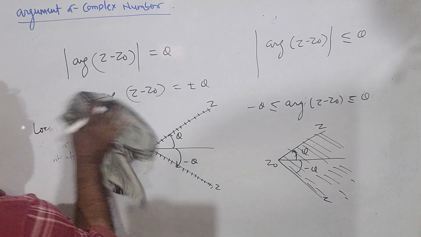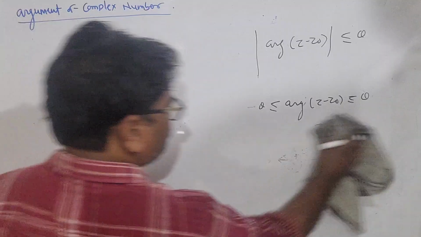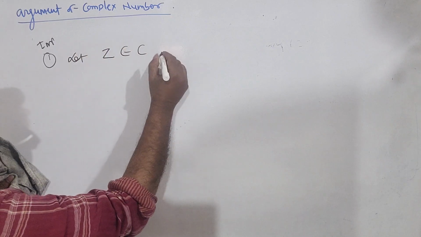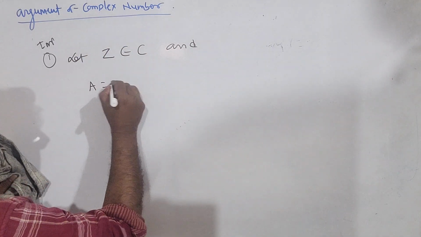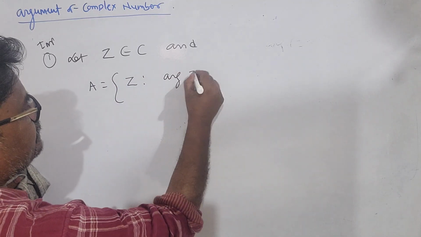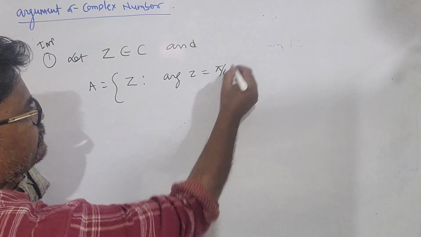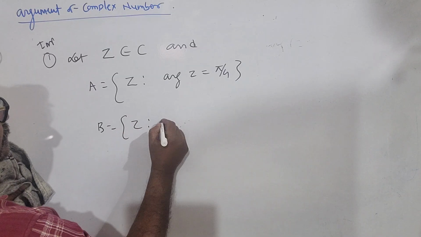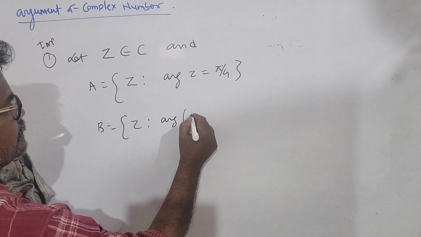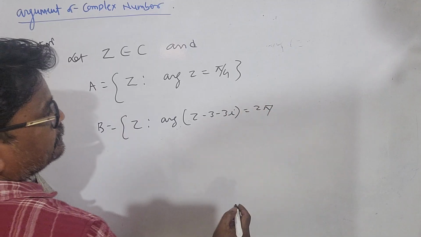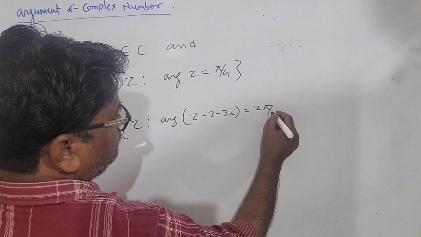What question are we dealing with here? This is a very interesting, important question. Let z be a complex number and A be the set of all complex numbers such that the argument of z is pi by 4, and B be the set of complex numbers such that the argument of z minus 3 iota is 2 pi by 3.